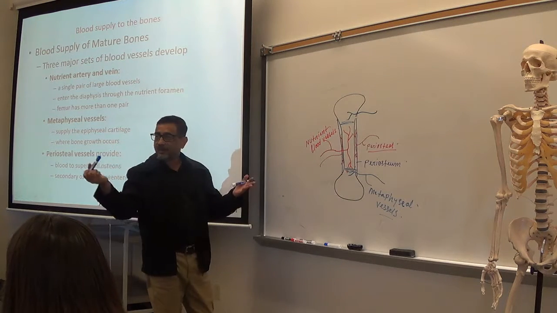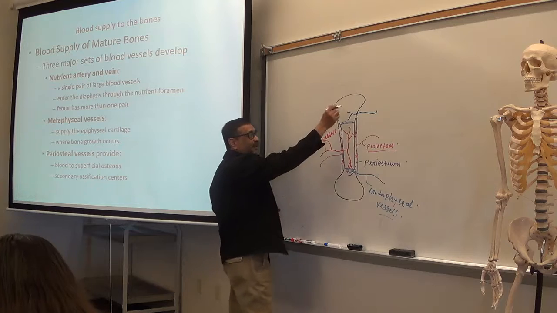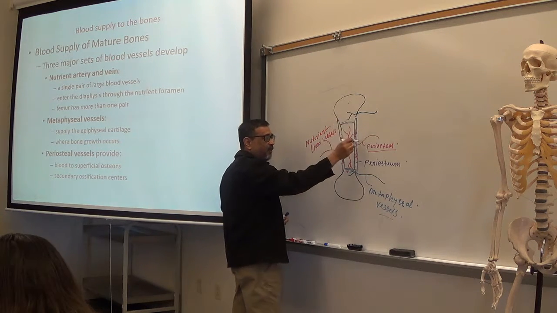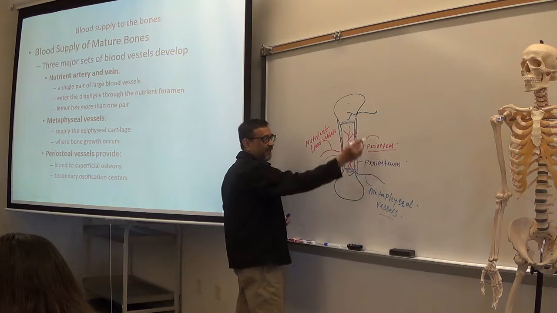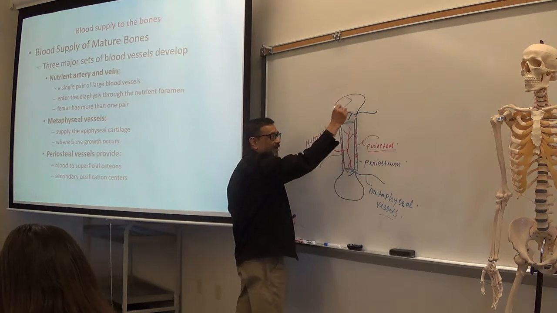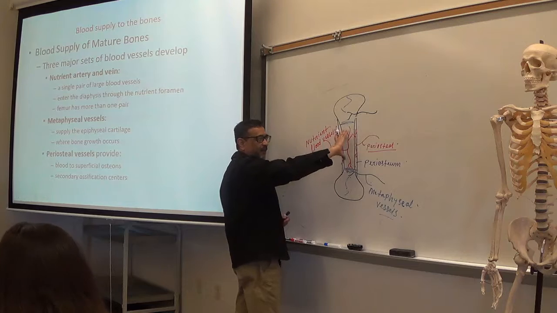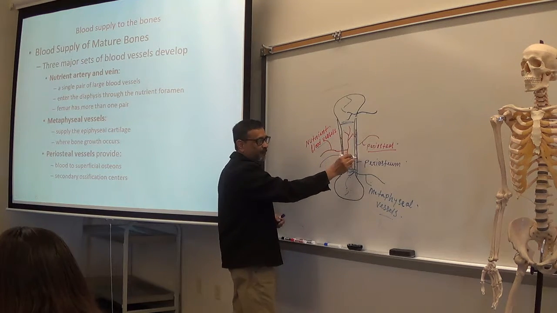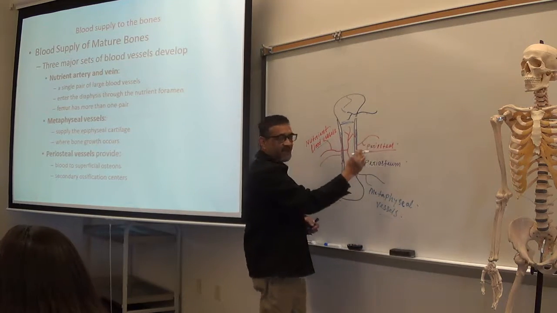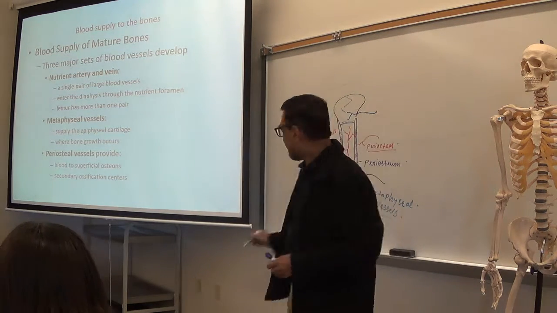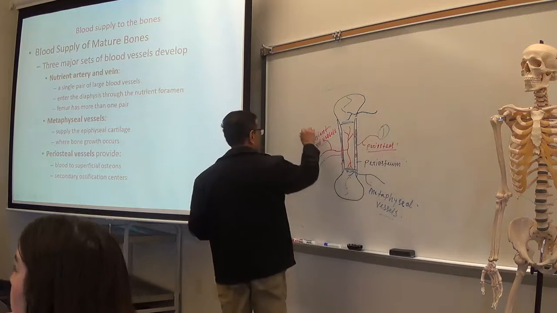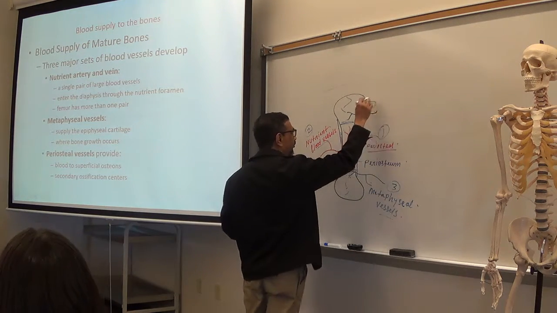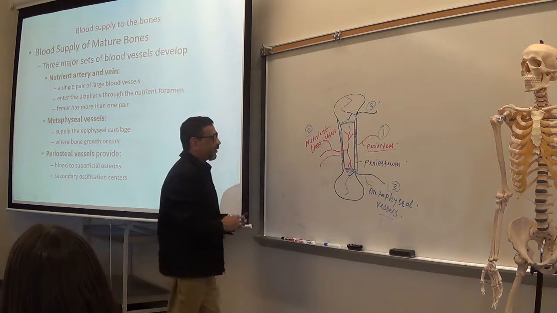Now, if I ask you a simple question, that the ends of the long bones get blood supply from which blood vessels? Metaphyseal. Make sense? The end part. The middle part, nutrient. And the covering gets blood supply from the periosteal blood vessels. Make sense? So this is 1, 2, 3.